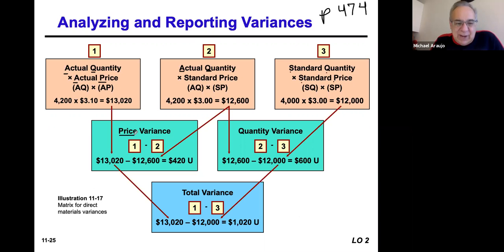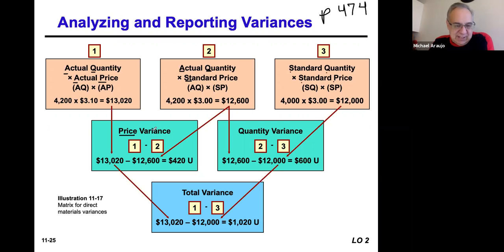The price variance looks at the difference between, in this case, block 1 and block 2. The $13,020, which is the actual quantity times the actual price, subtracted from the actual quantity times the standard price, what we were expecting with the standard price.